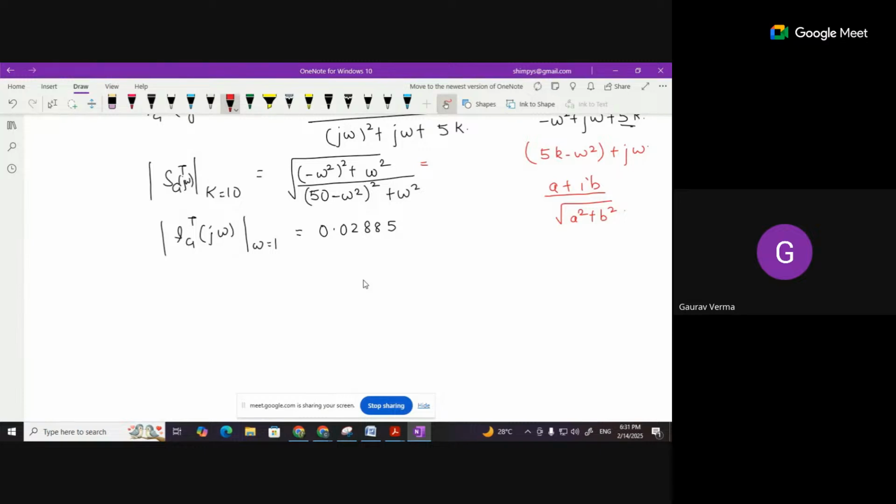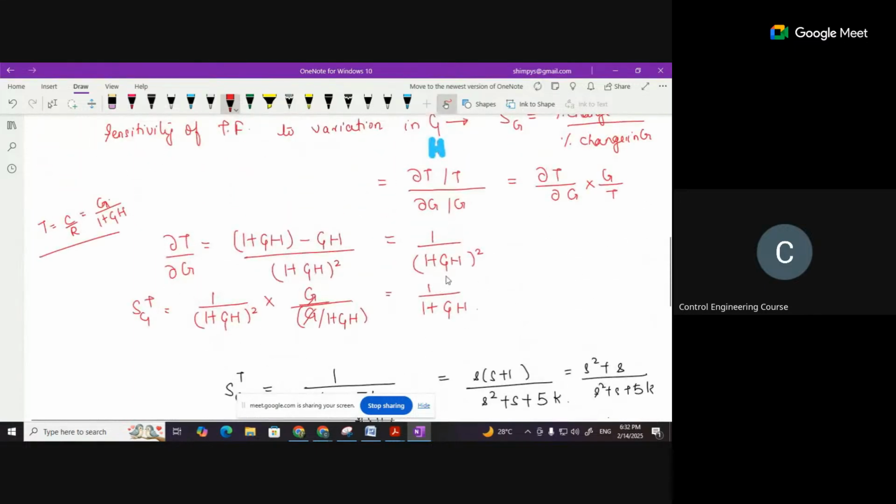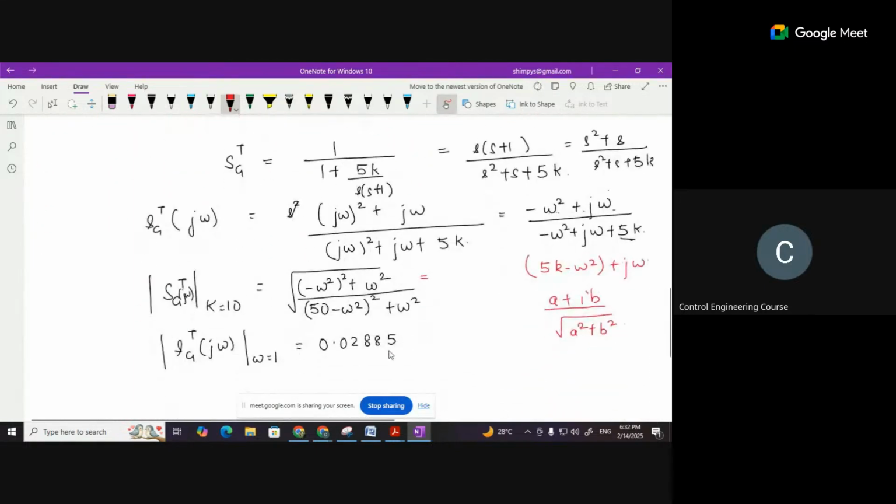This number represents the sensitivity of the transfer function with respect to G. You can see here, this is gain G, and H is the feedback gain. So it is a factor, like in most practical systems.